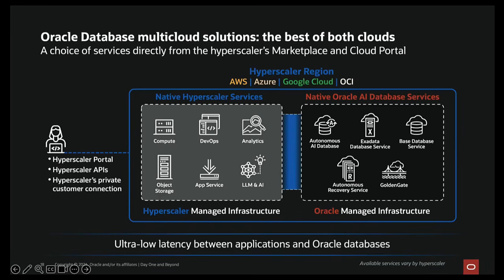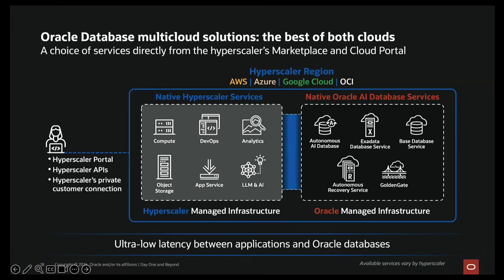And managing the Oracle database in your cloud doesn't mean learning new tools. You provision, monitor, and manage right from your existing hyperscaler portal using the same hyperscaler APIs, providing you a seamless experience, and you can manage resources in the hyperscaler portal through integrations.